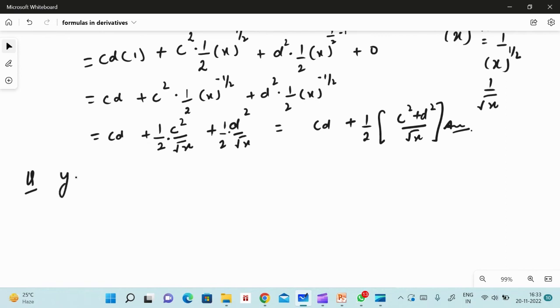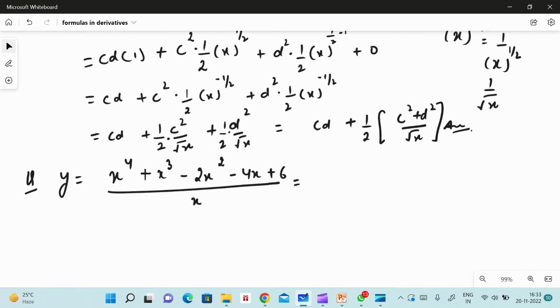So if any other problem is given to me, like y is equal to x power 4 plus x cube minus 2x square minus 4x plus 6, divided by x, I can write it in this form: x4 by x plus x cube by x minus 2x square by x minus 4x by x plus 6 by x.